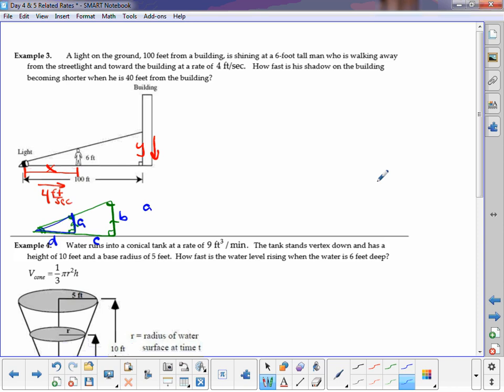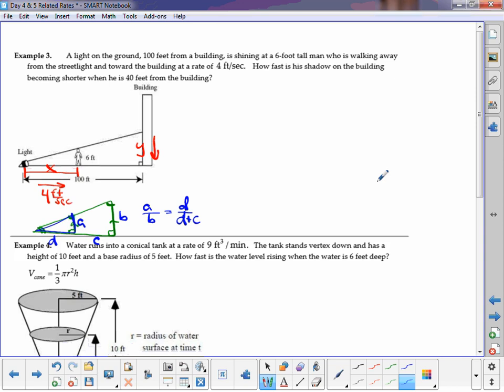So for this particular example, A to B, the vertical of the small triangle compared to the vertical of the big, is equal to small to big. Now notice big would be D plus. Okay, so what I'm doing is small to big, small to big. So that's the generic case of what's happening.